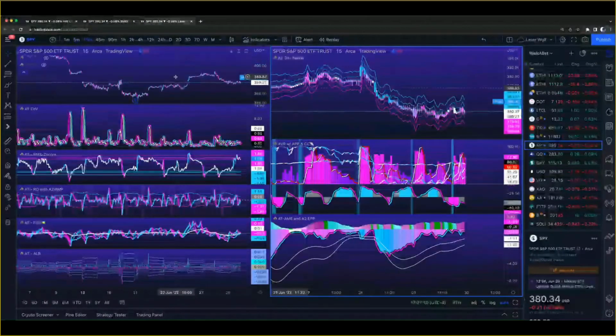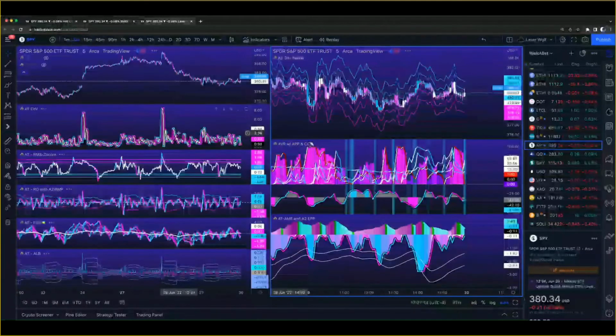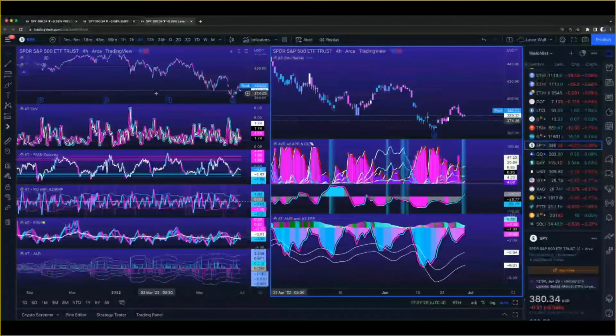Just quick, boop, pre-market little pop. Yeah, 5 minute, just 4-hour volatility. The 4 hour is toast too.